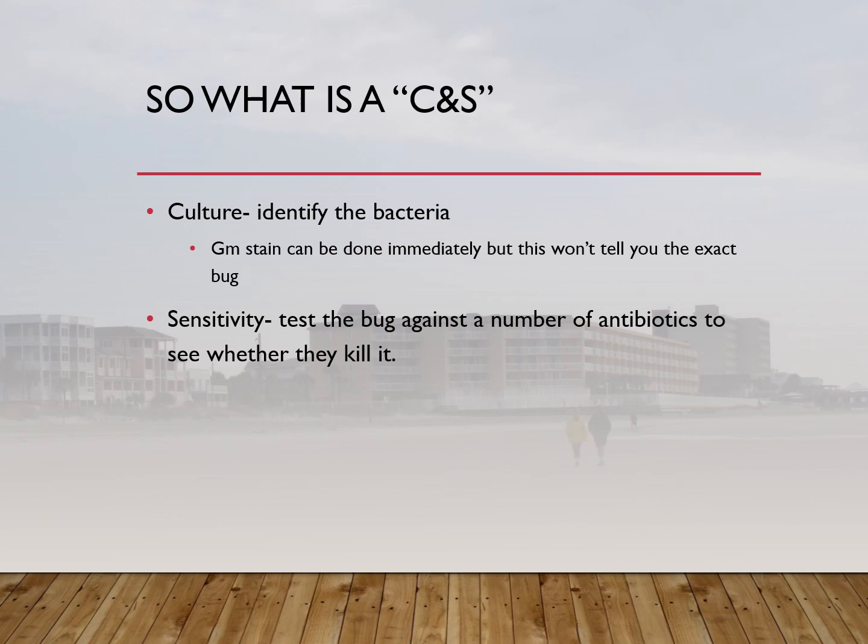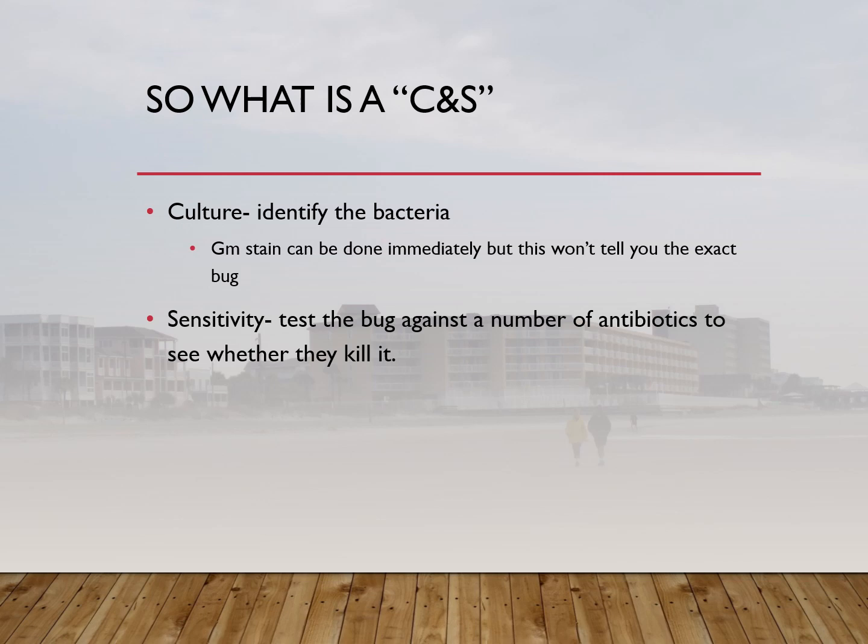C&S is just what we said. So basically, you can take a sample. If you want to know right off what's going on, you can do a gram stain. They'll identify, is this a cocci? Is this a bacillus? Spirochetes really can't be seen on gram stain because they don't take the stain and they're much harder to see under the microscope. But we'll say, okay, it's a coccus.